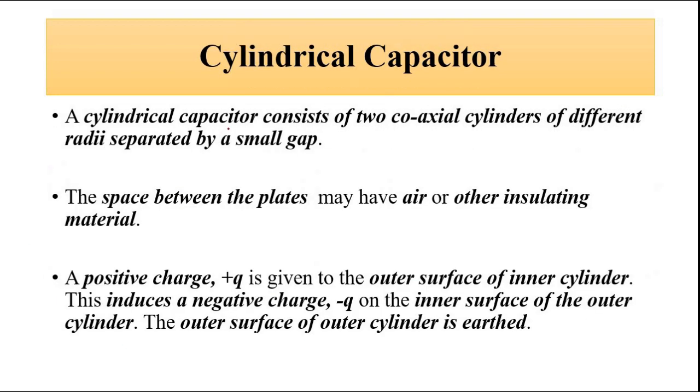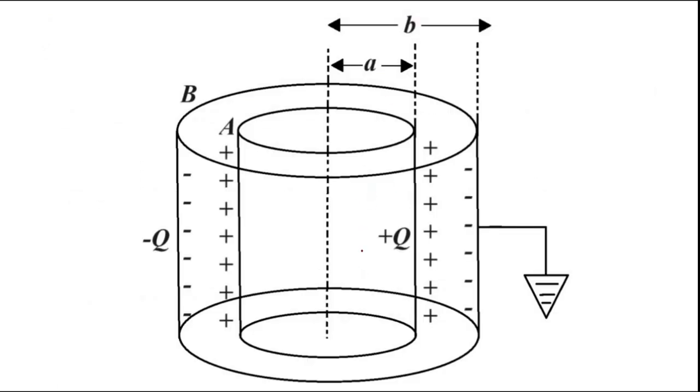Then there is the cylindrical capacitor, again a very important topic. A cylindrical capacitor consists of two coaxial cylinders of different radii. Same principle, only the shape of the two conductors is different. We have a cylinder A of smaller radius and a cylinder B of larger radius, with radii small a and small b.